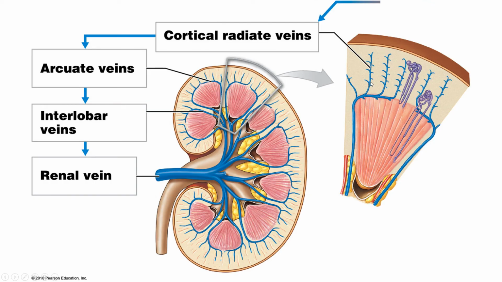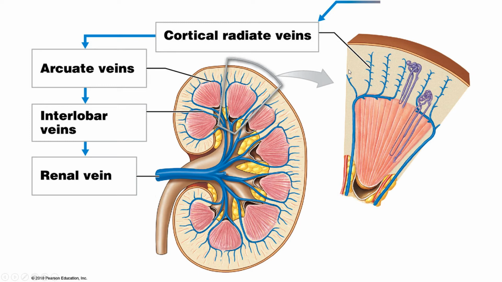So the peritubular capillaries and the vasa recta can actually, well, let's talk about it real briefly. These are going to eventually lead into a larger venule that's going to go to the cortical radiate vein or the arcuate vein.